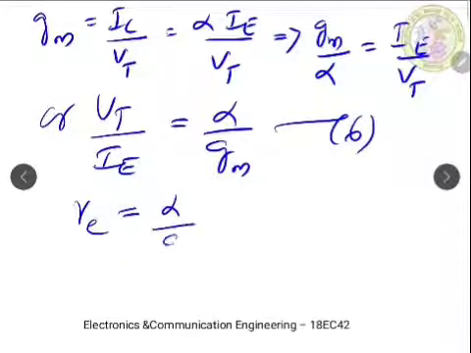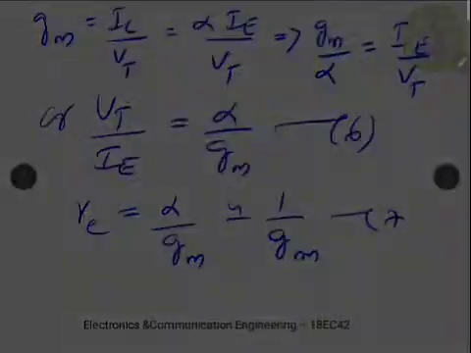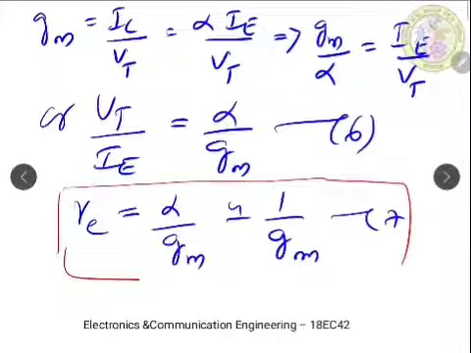It is alpha by gm, but it is approximately equal to 1 by gm only, because alpha will be equal to 0.99, approximately 1. So this is another equation for emitter resistance re.